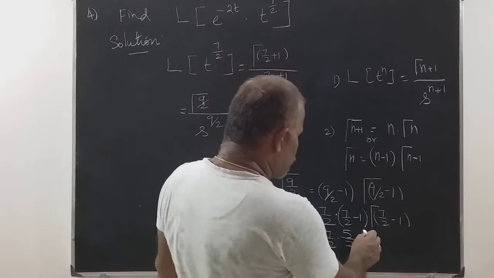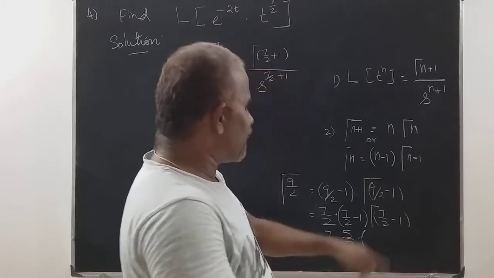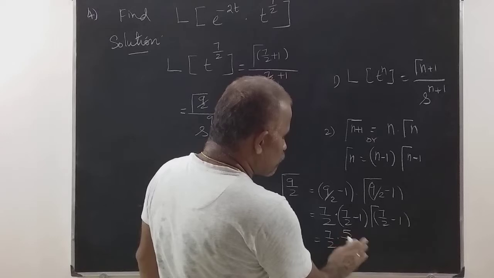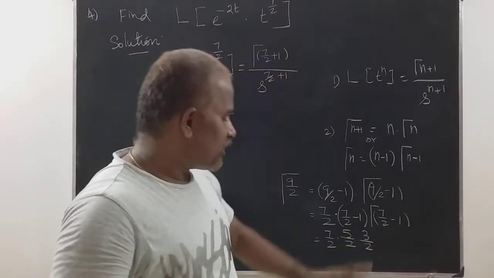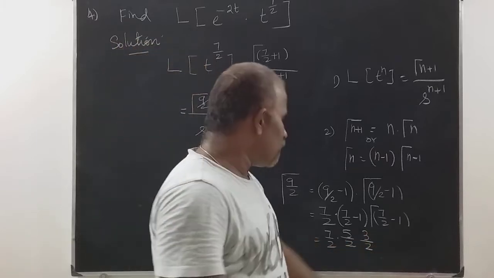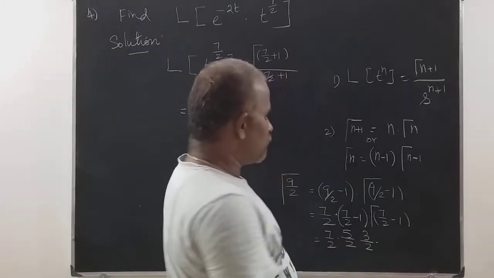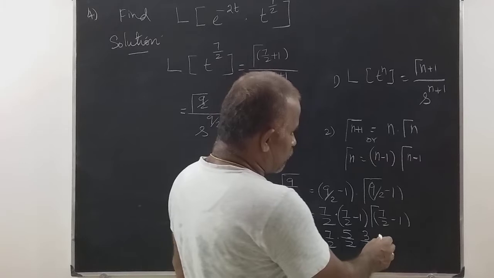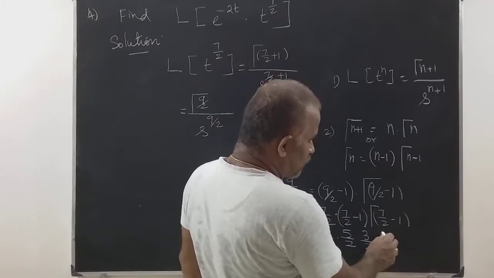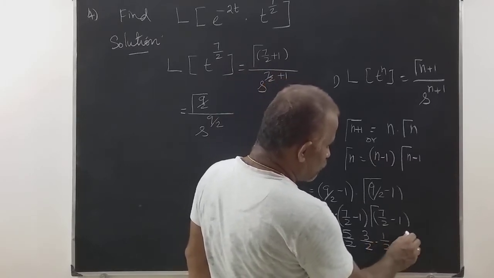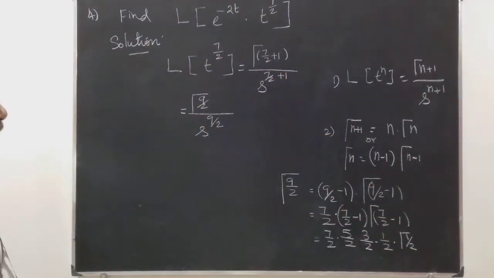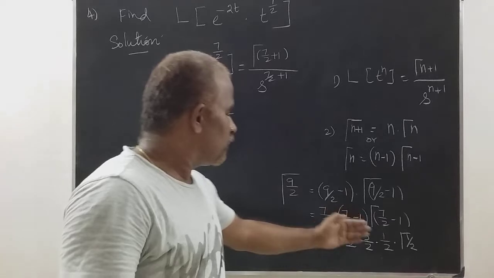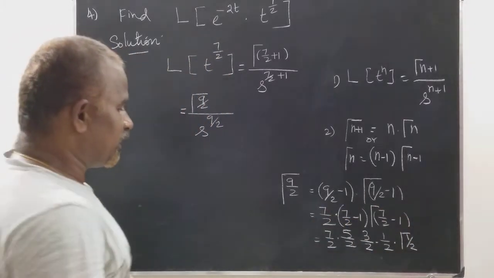Gamma of 5 by 2 is equal to 5 by 2 minus 1, which is 3 by 2, into gamma of 3 by 2. Gamma of 3 by 2 is equal to 3 by 2 minus 1, which is 1 by 2, into gamma of 1 by 2. Understood? If you do it like that, you will get this.